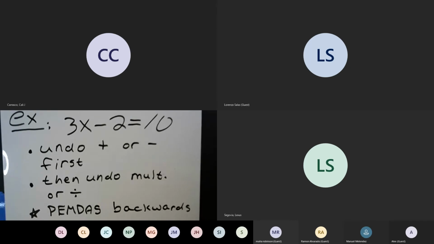So usually with PEMDAS, we do parentheses, then exponents, and then multiplication and division, and then addition and subtraction. But in this case, instead of doing the typical approach, we're going to go backwards.